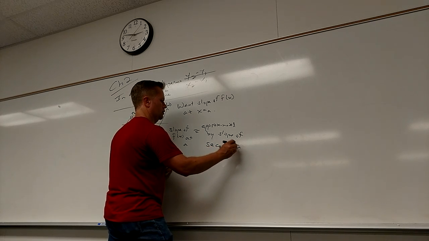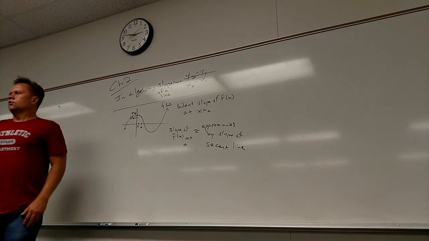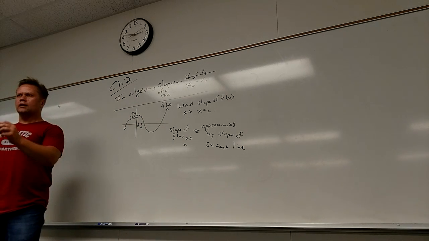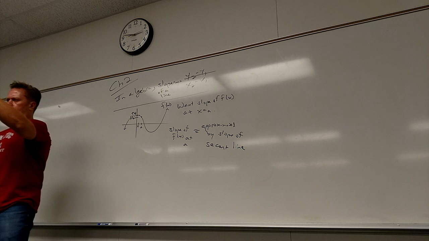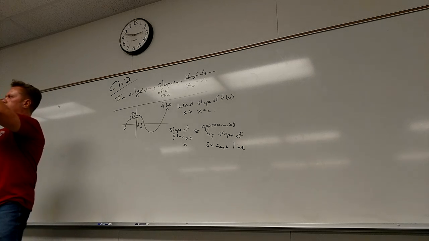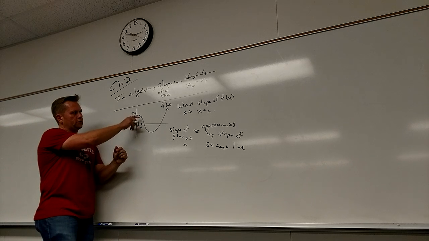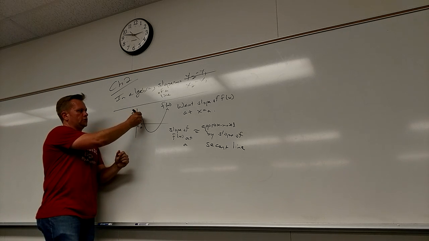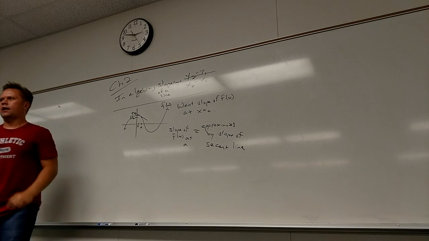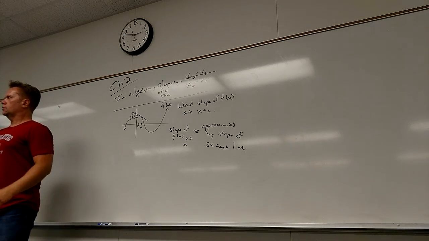That's very interesting, huh? Secant line. A secant line for us is going to be the line that goes through 2 points lying on the curve. So if I have 2 points and I find the slope between those 2 points, that's the slope of the secant line.